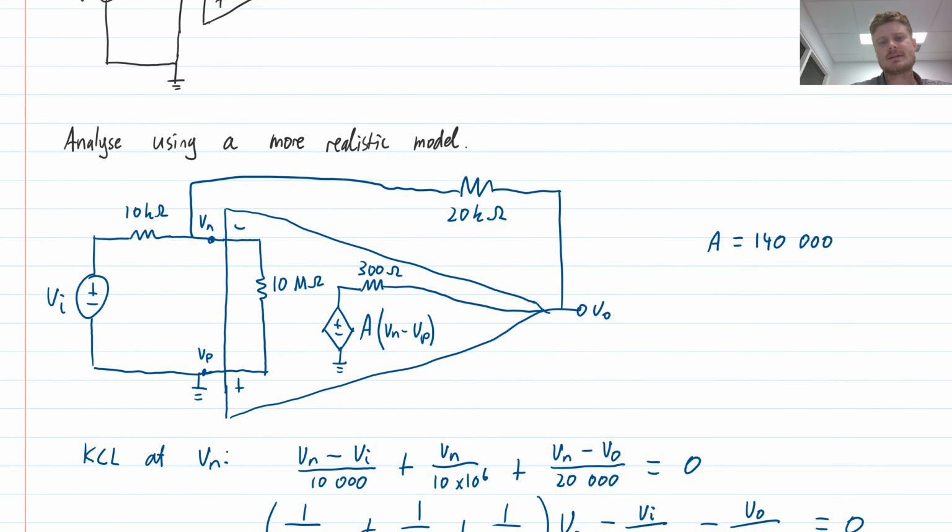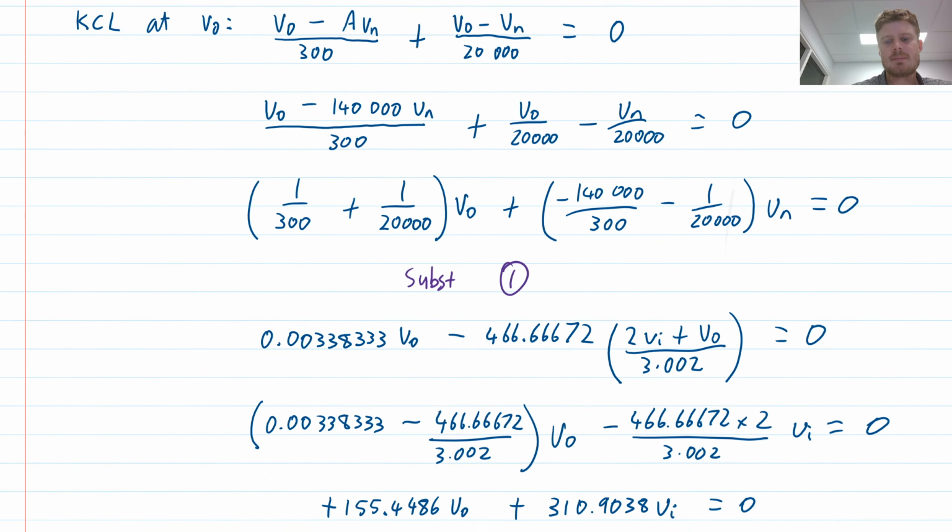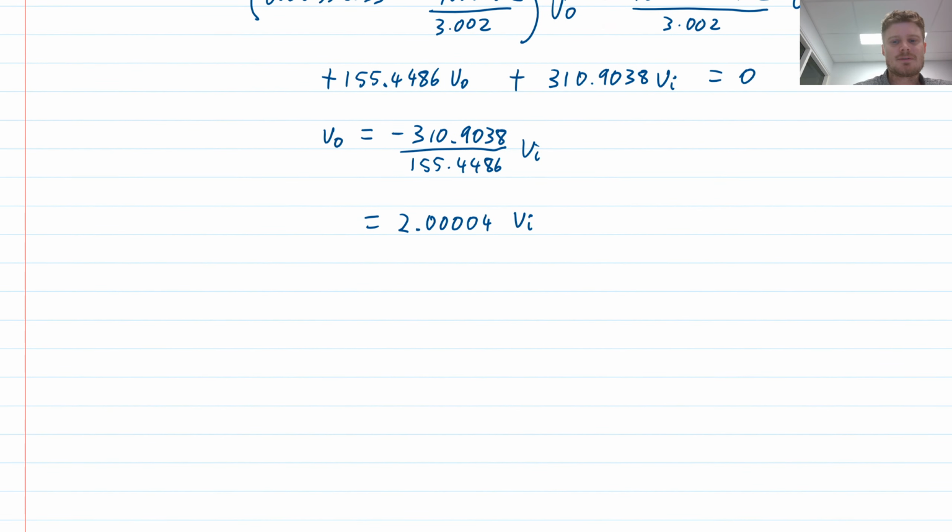And when I analyzed this using our more realistic model, picking actual numbers from a real op-amp, I ended up with a really, really close value. I should have a minus sign; I dropped a minus sign in going from here to here. So very, very close to the expected value.